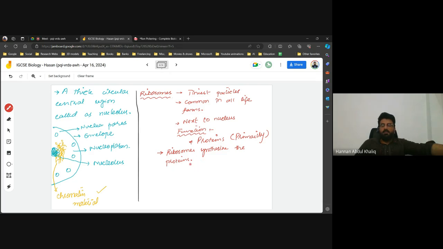Okay, so this is about the ribosomes. They synthesize the proteins, and these proteins can work inside the cell for intracellular use as well as for body usage. Whatever the use, every time a protein is made, it is because of the ribosomes.